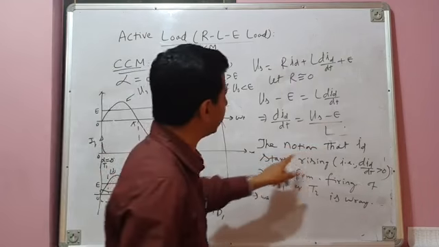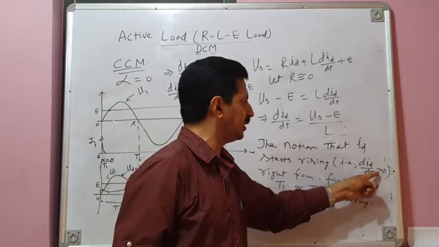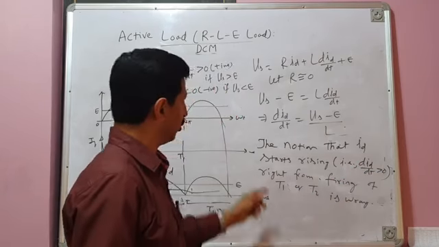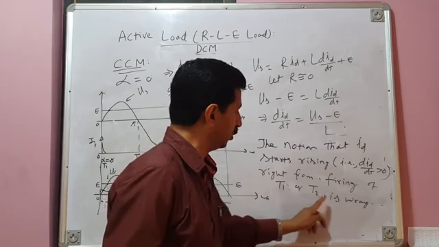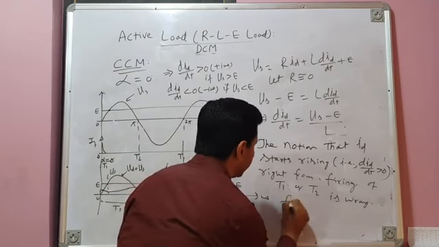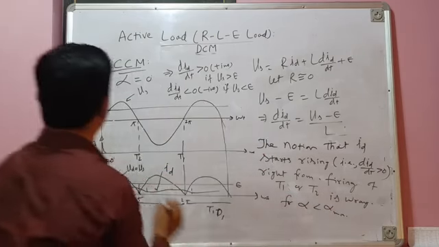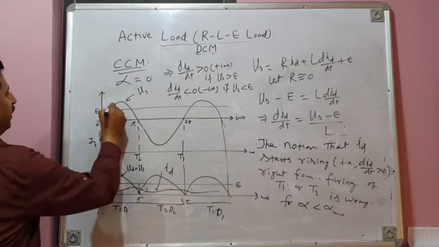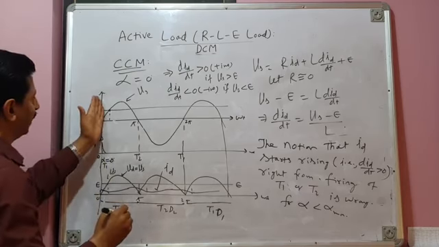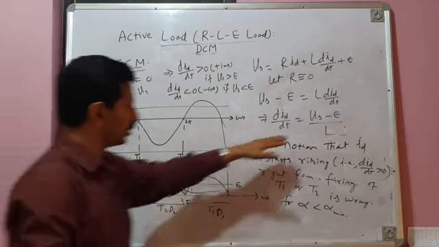So the notion that ID starts rising, that is dId by dt becomes positive, greater than 0, right from the firing of T1 or T2 is wrong for alpha less than alpha min. I mean, what is your alpha min? This is alpha min. If your alpha is less than alpha min, then this notion is not true.